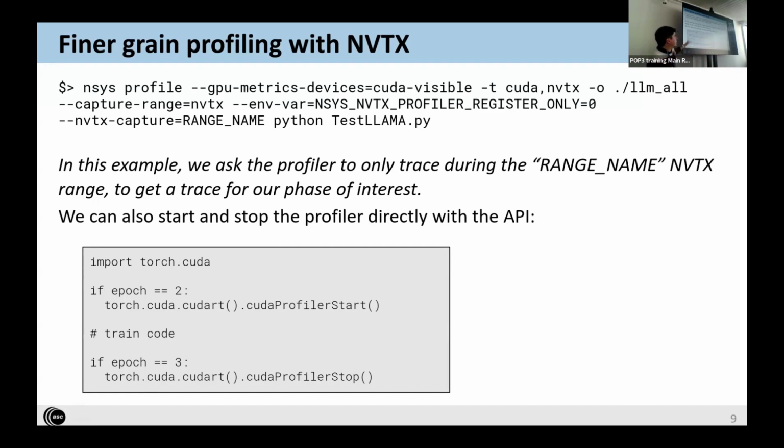You just train for a few epochs, you discard the first one and the second one, and on the third one you start the profiler, and in the following one you stop it, and you get a trace of a whole epoch, but only this one iteration.